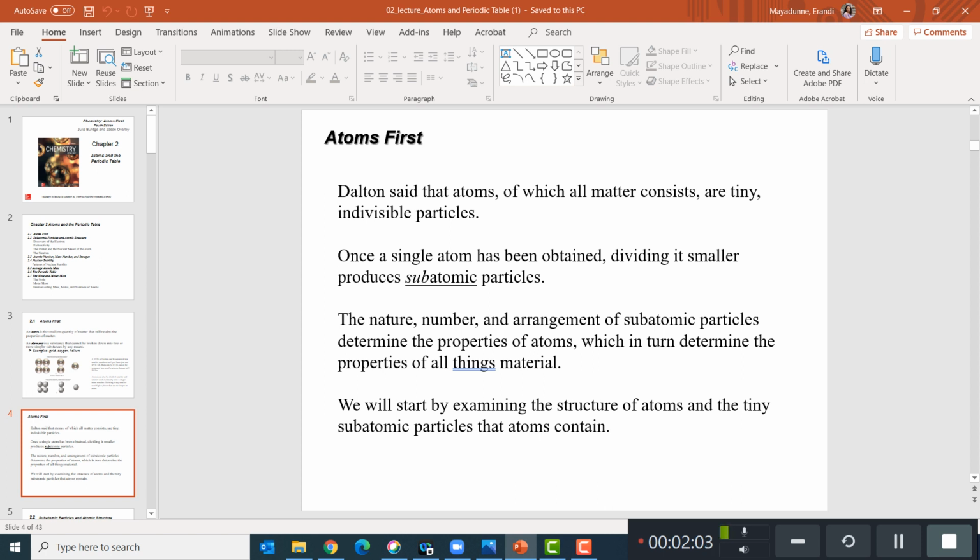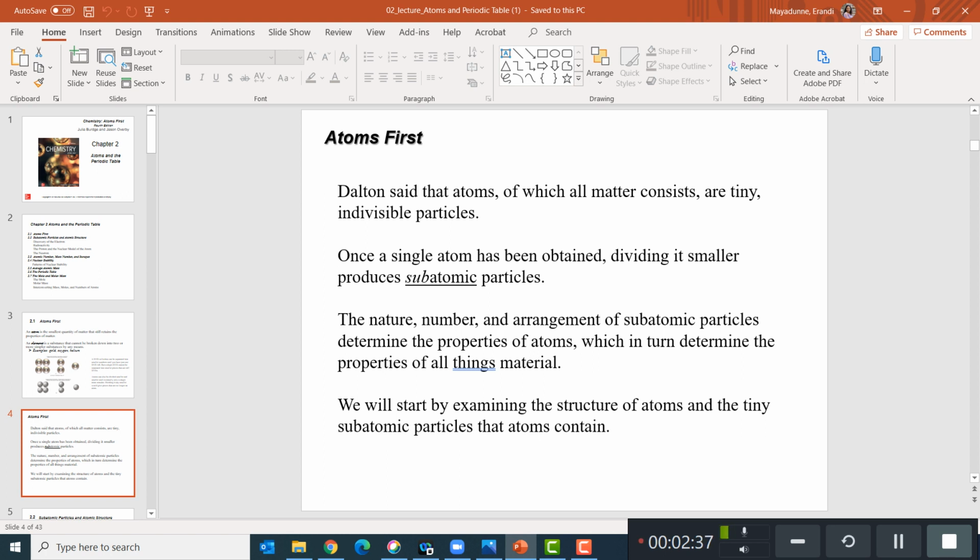What important information can we get from Dalton's atomic theory? John Dalton said that atoms, of which all matter consists, are tiny, indivisible particles. But if you take an atom, you can break it into smaller pieces, and those pieces don't have the properties of any element.